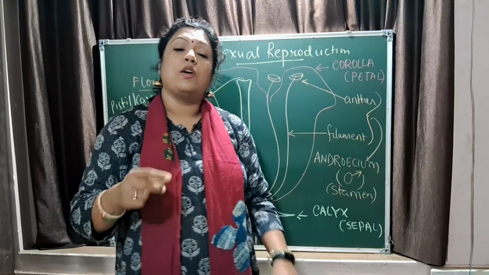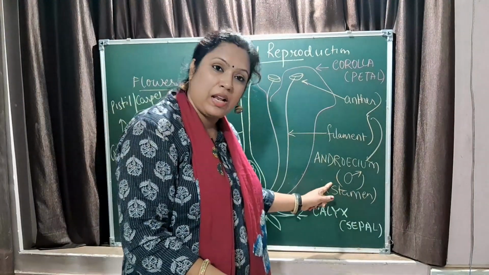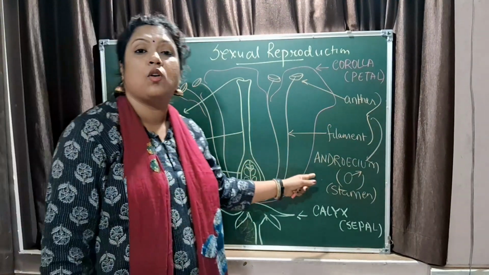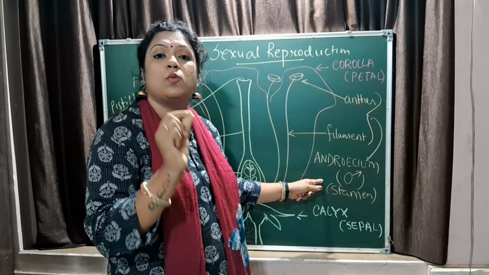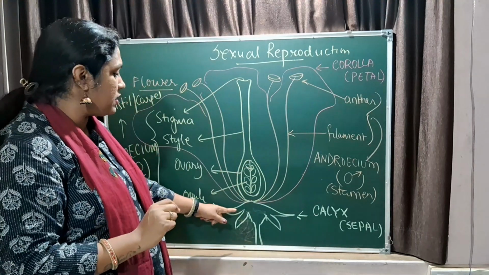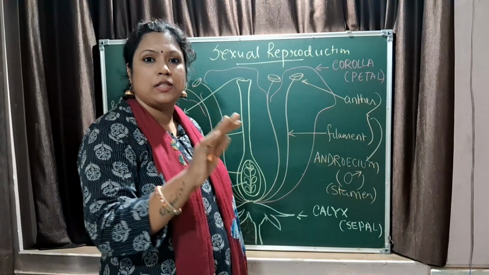The parts required for sexual reproduction are the male part and the female part of the flower. These two are called the essential whorls of the flower, and the non-essential whorls comprise the calyx and the corolla. They are required for the safety of the plant.